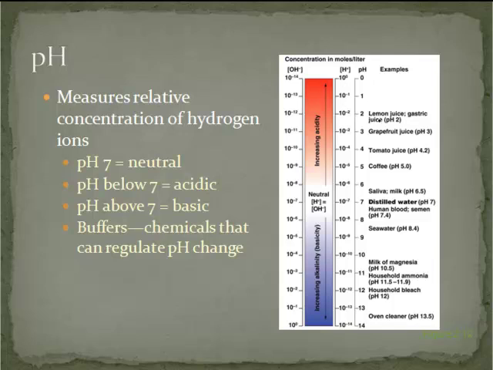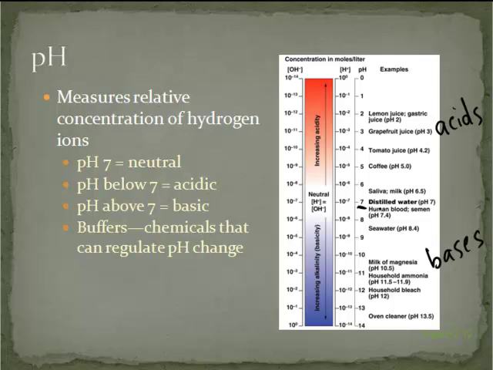Anything that has a very low number, a very low pH, these are going to be our acids down here. Up here, anything that is greater than 7 is going to be a base. And so 7 is our neutral point. So notice distilled water falls at a 7. As long as there's no ions in that water, it's going to be neutral.